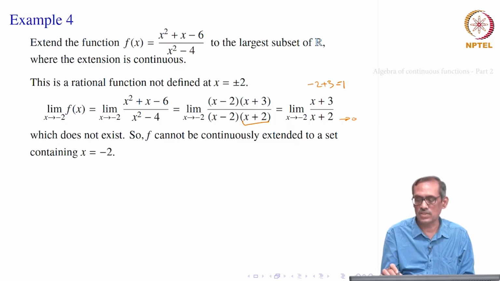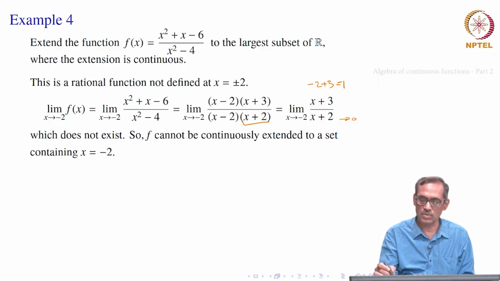Say x is to the right of minus 2, that is, greater than minus 2. So, x plus 2, which is x minus of minus 2, will be greater than 0, then this will go to infinity, increasing to infinity. If x is smaller than minus 2, x plus 2 will be negative and this will blow up to minus infinity. It will go on reducing on the negative side, it becomes minus infinity.